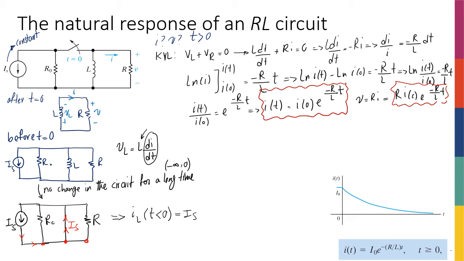I didn't go and look at any other current, like the current of a resistor, or the voltage of the inductor or of a resistor. If you remember from last chapter, and if you don't, go back and review it, there was one parameter about the inductor and one about the capacitor that we called golden parameters. For the inductor, we said the current of the inductor is the golden parameter. For the capacitor, we said the voltage of a capacitor is the golden parameter. Why did we call them golden?